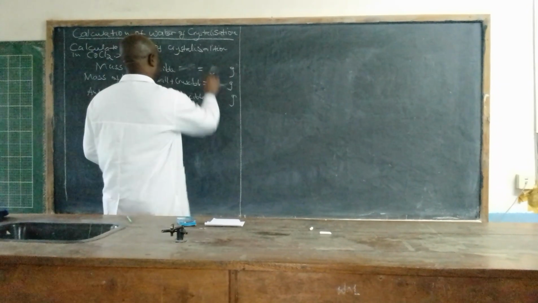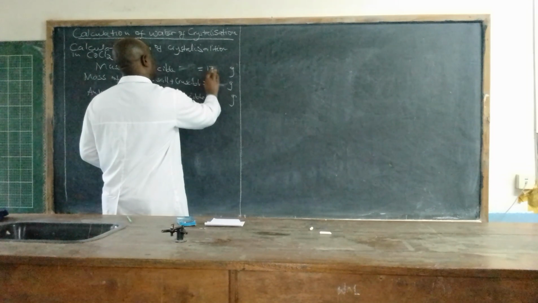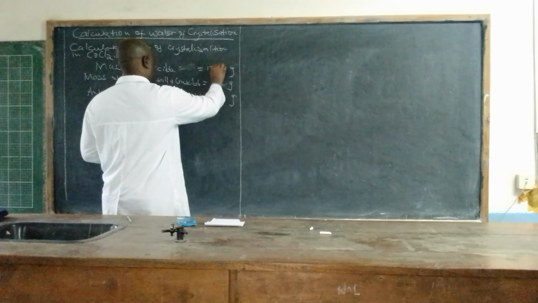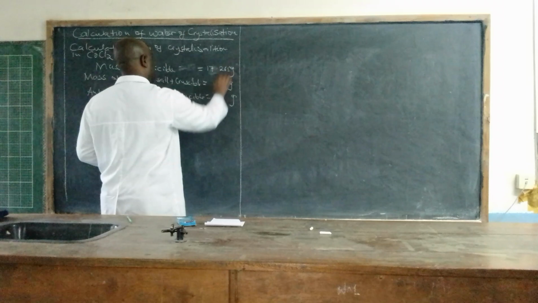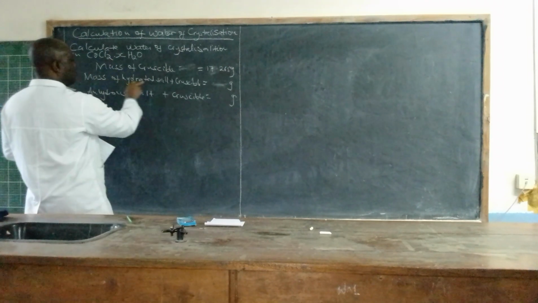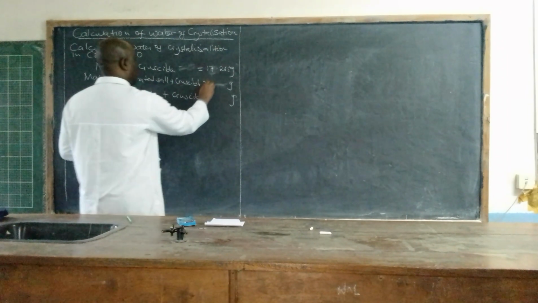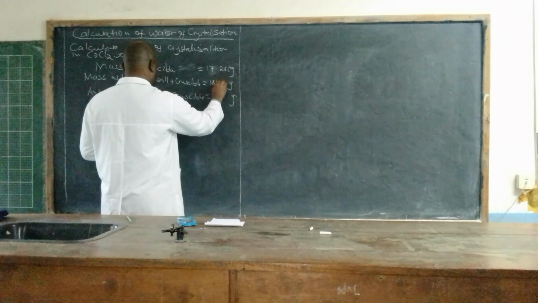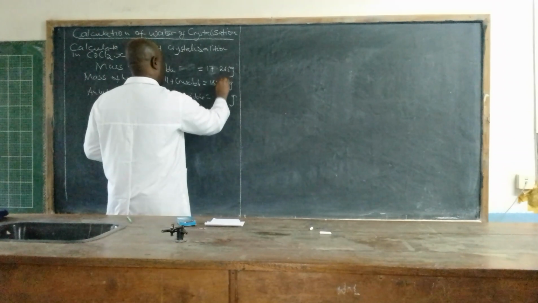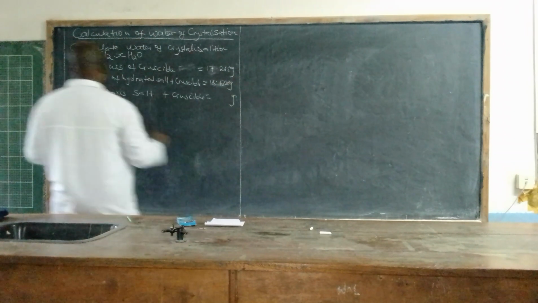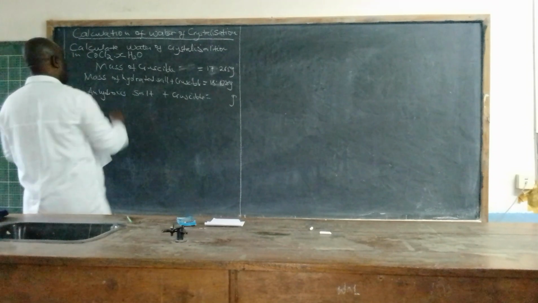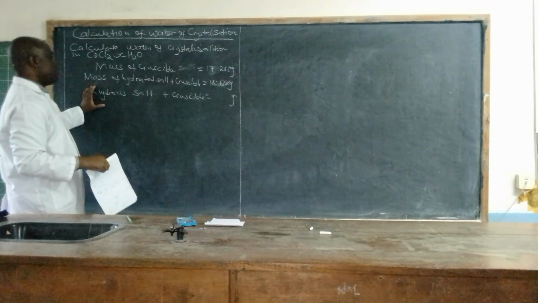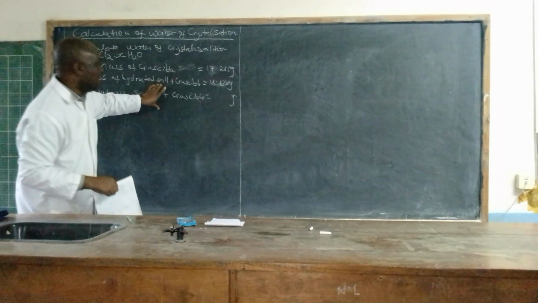Let us assume that the mass of the crucible is 17.265 grams, and the mass of the hydrated salt plus crucible is 18.438 grams.